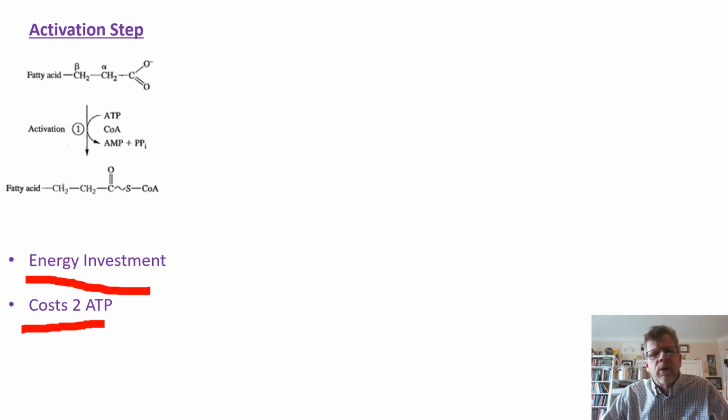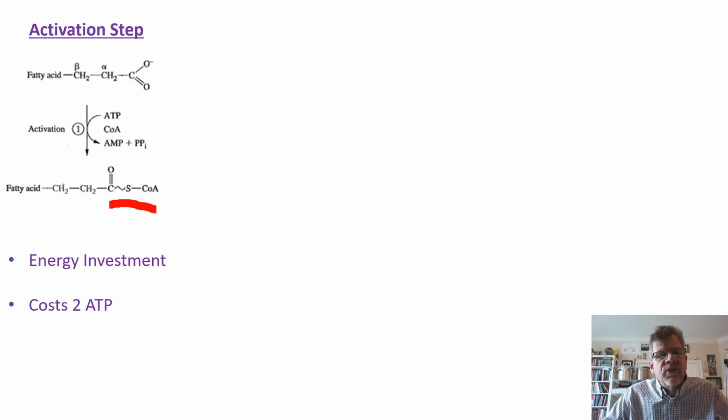And all we're really doing is taking the fatty acid and making a coenzyme A thioester out of it. So again, coenzyme A comes in and hooks up, if you will, through a thioester, this fatty acid. What once was a carboxylate is now a thioester. So that is an important step.